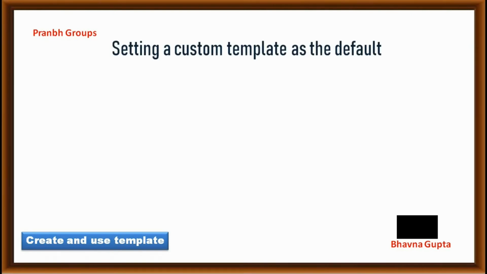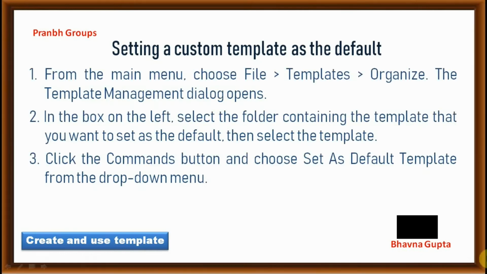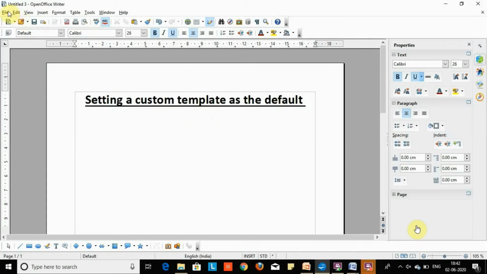And next, setting a custom template as a default. If you want to set any template to be a default, as long as it is in one of the folders displayed in the template management dialog box, you can follow these steps. Let's do the practical.